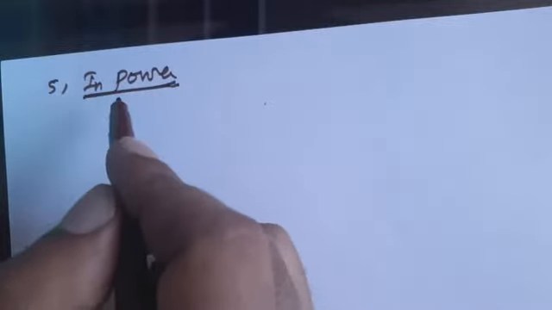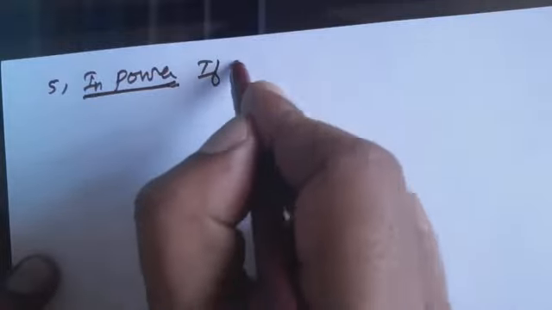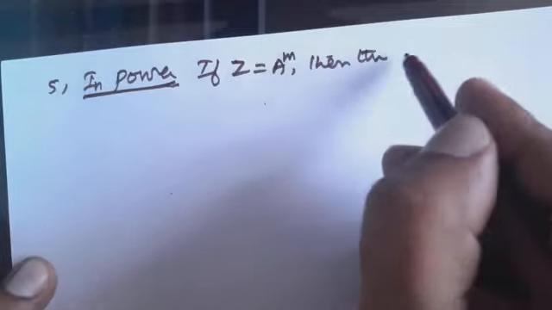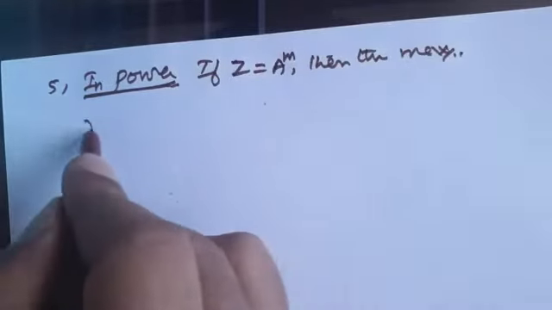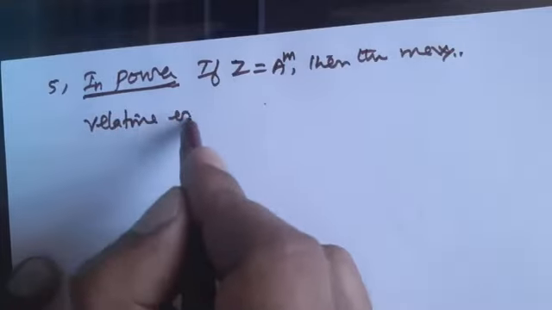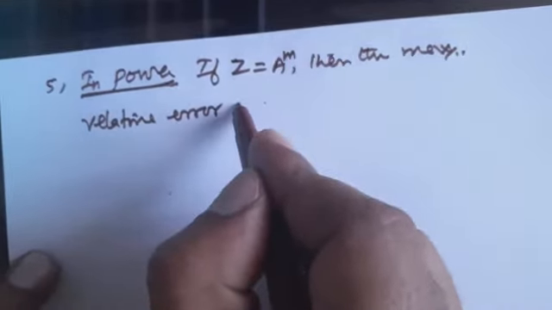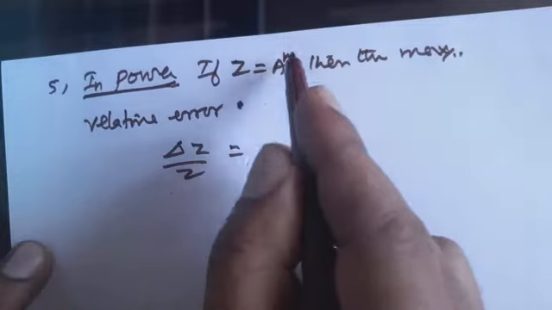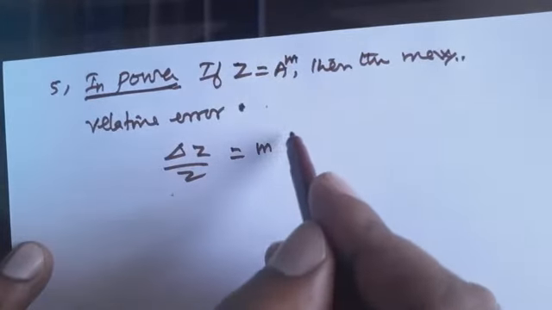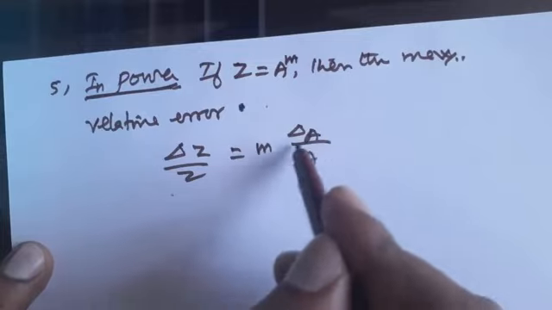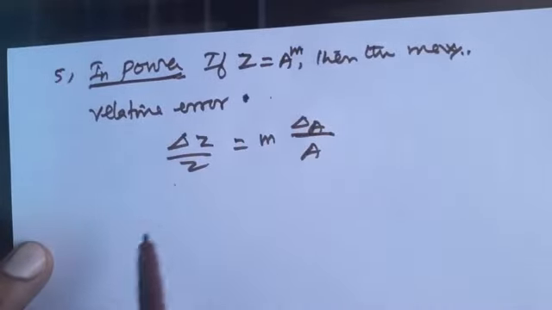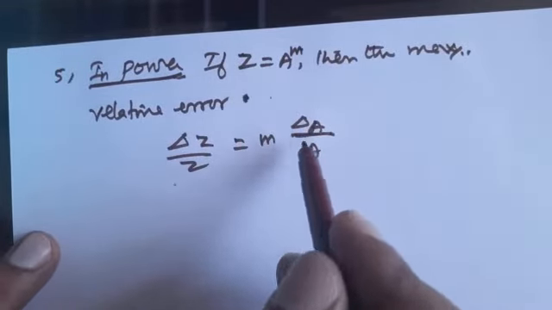Power. So exponents in power. If Z equals A power M, then the maximum relative error in Z is given by delta Z by Z equals M into delta A by A. Suppose the equation involves more than one parameter.